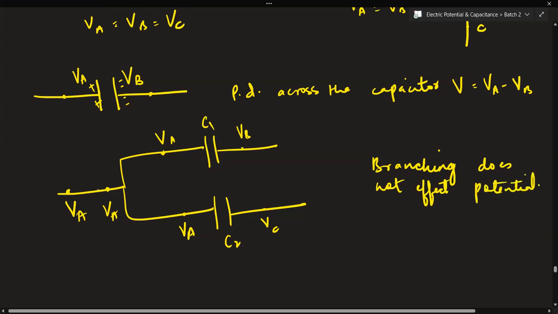So if it was VA, it will still be VA till the time you are not able to observe any hindrance or blockage like a capacitor, or any device like an inductor or resistor. Potential will be the same throughout. As soon as you see a capacitor, potential gets changed. As soon as you see another capacitor, the potential gets changed. Now the difference will be given by VB minus VA, or whatever is the sign, VC minus VA. Clear now?